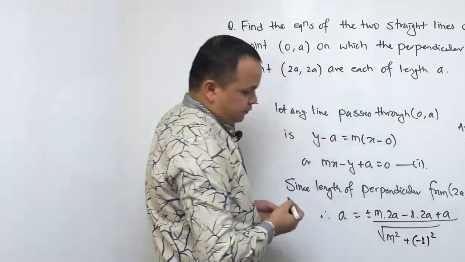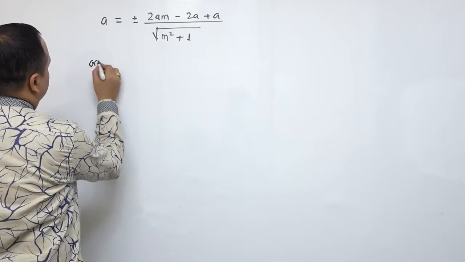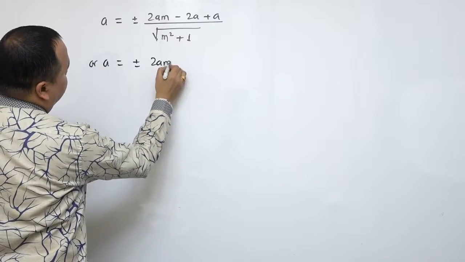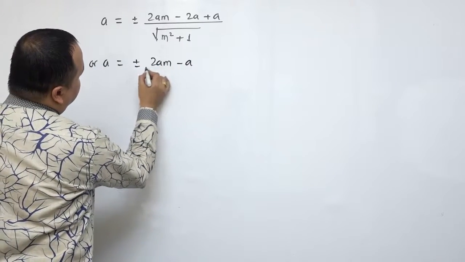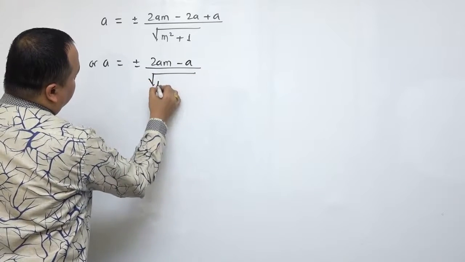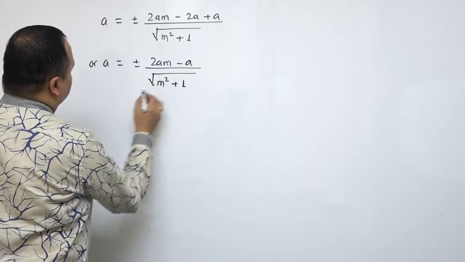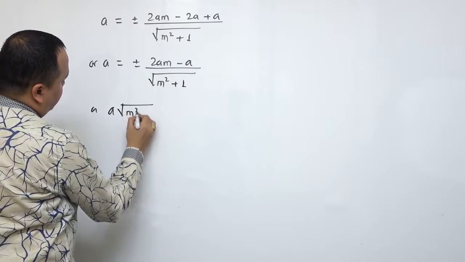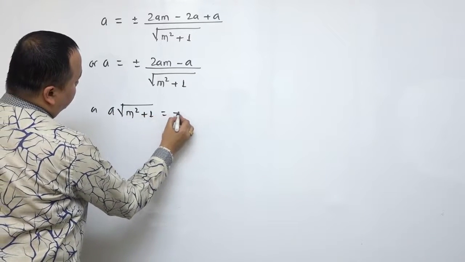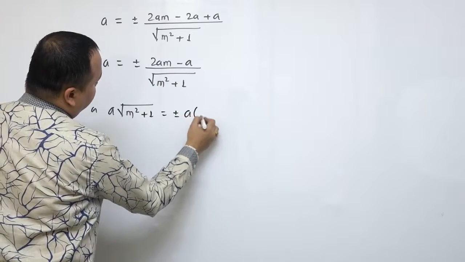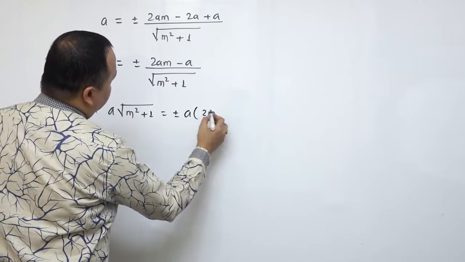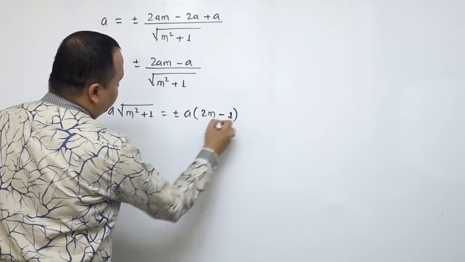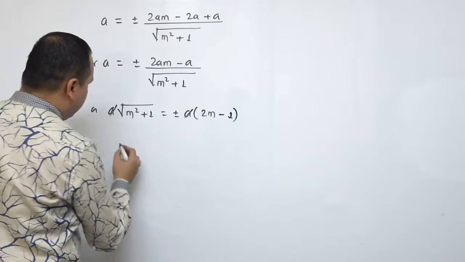Continue. This is a is equal to plus minus 2am minus a, divided by root over m square plus 1, or a times root over m square plus 1 is equal to plus minus a is common, a times 2m minus 1. Here a cancels.